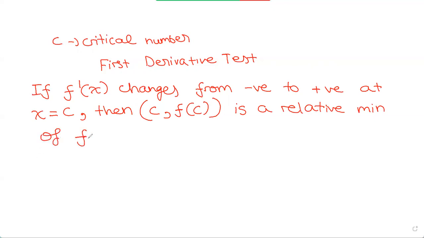So this might seem complex at first, but once I show you guys how it works, it'll be easy. And similarly, so this is the first part.